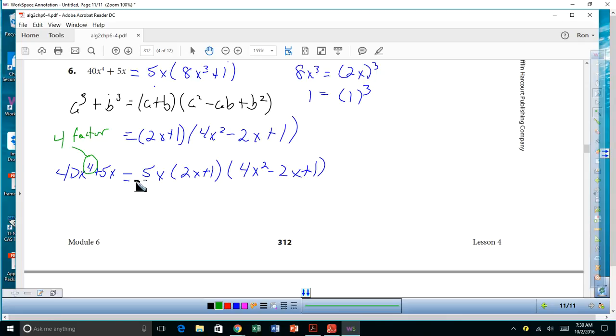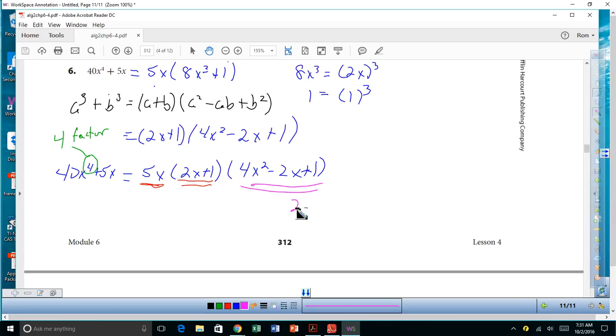5x would be a real root. And then 2x plus 1, that will be a real. And then 4x squared minus 2x plus 1, that will give us 2 unreal roots.